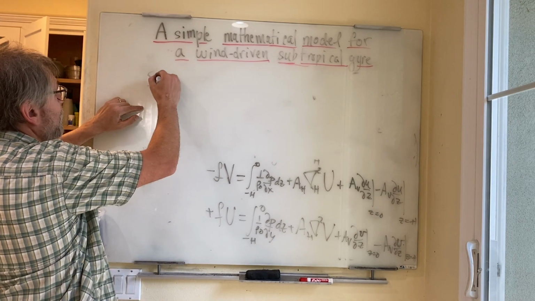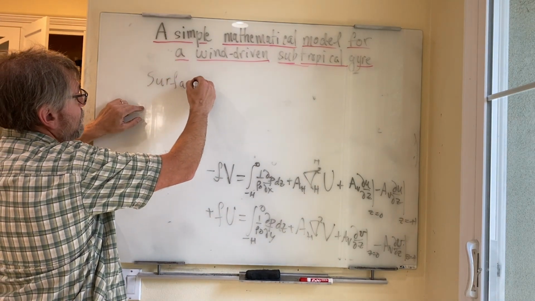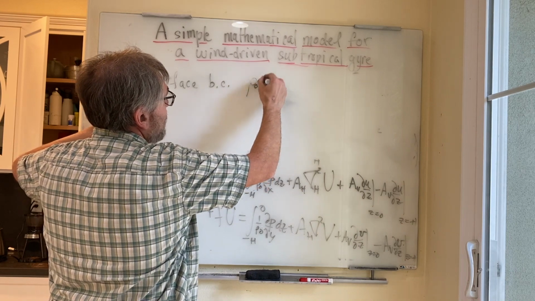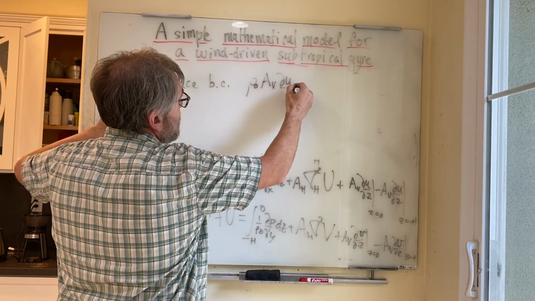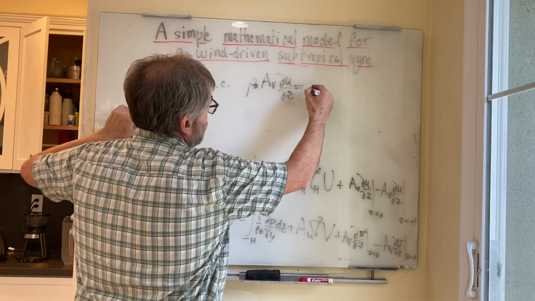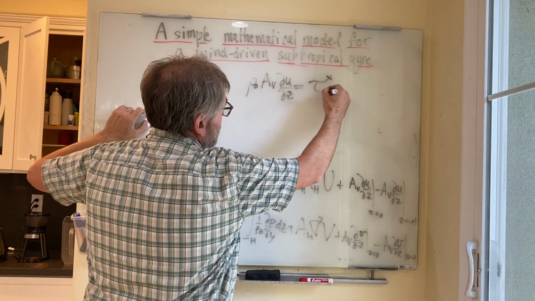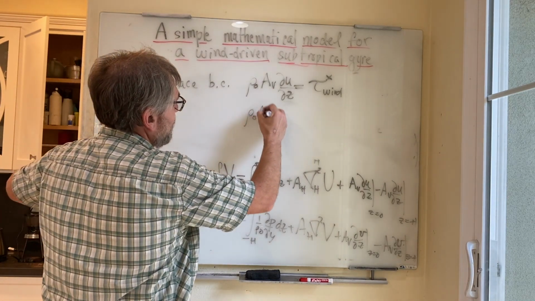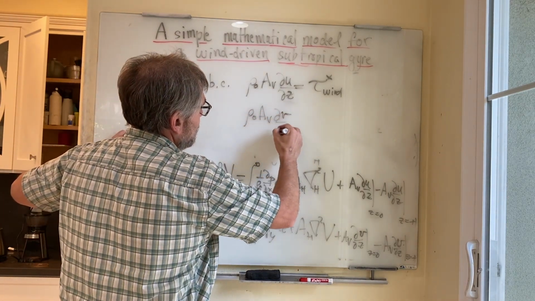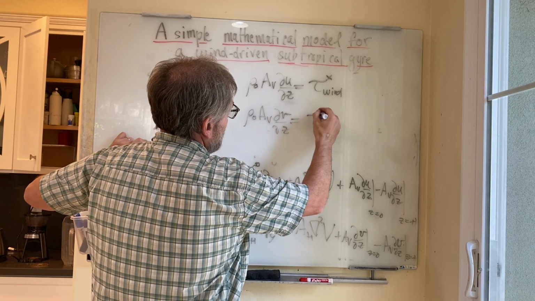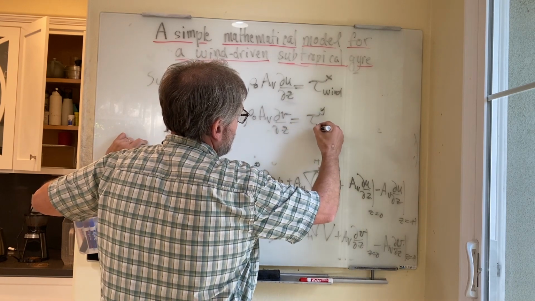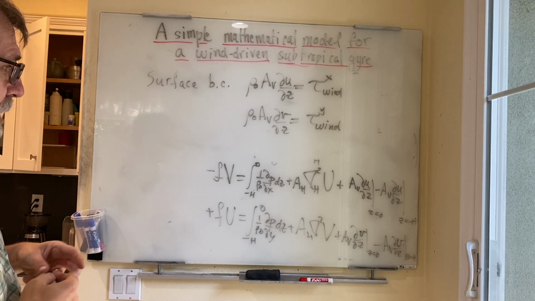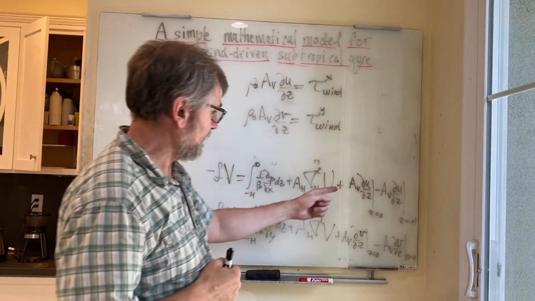So the surface boundary condition is that rho naught Av du dz is equal to tau, the wind stress, in the x direction, and then rho naught Av dv dz is equal to tau y wind. So then I can eliminate these two terms.